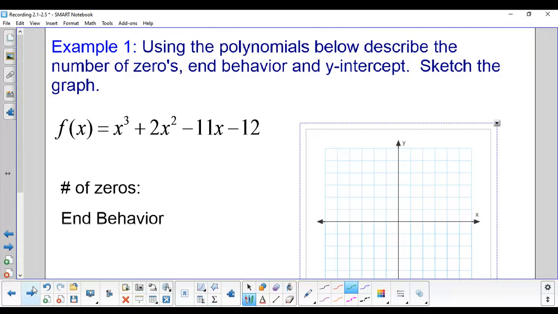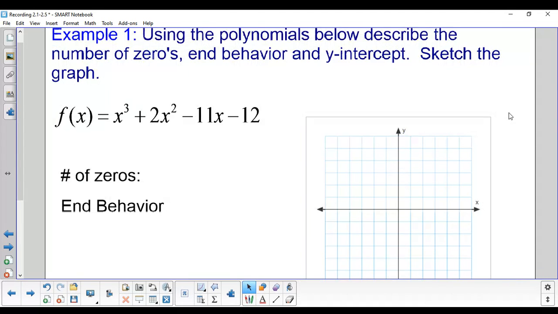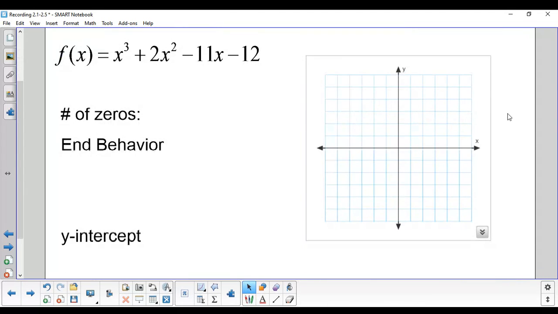So in our first example, we are given this polynomial, and I'm asking you to basically analyze it and sketch it. So starting off, I always like to check, is my polynomial in standard form? And it is, so I'm going to put a box around my first term. From my first term, I know that this is a degree 6.